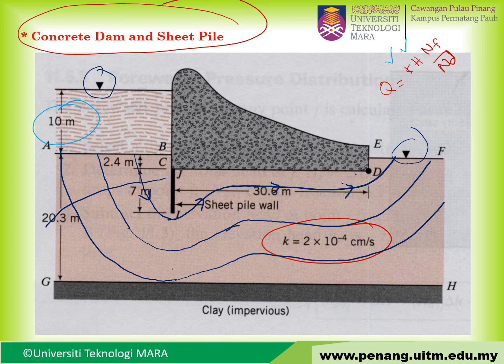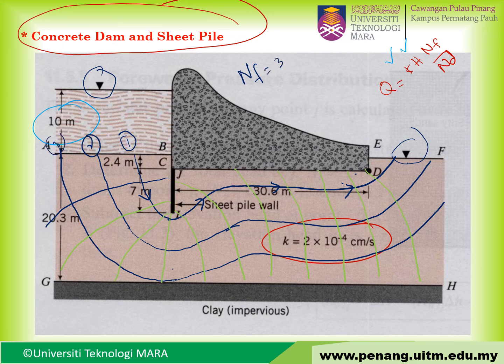I want to change the color. So it should be square. So you get the value, and NF is 1, 2, 3.